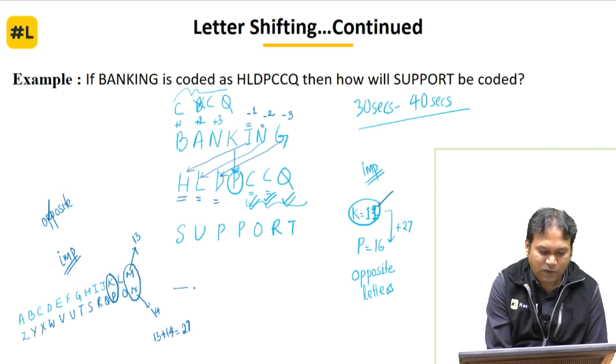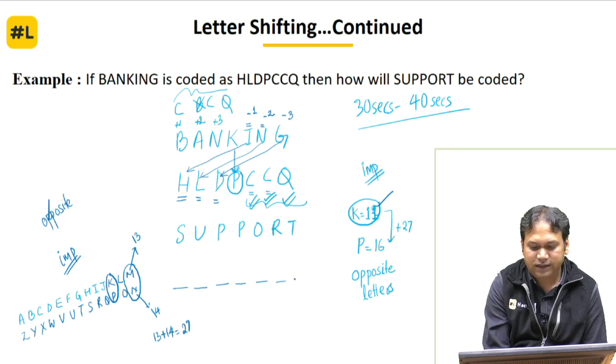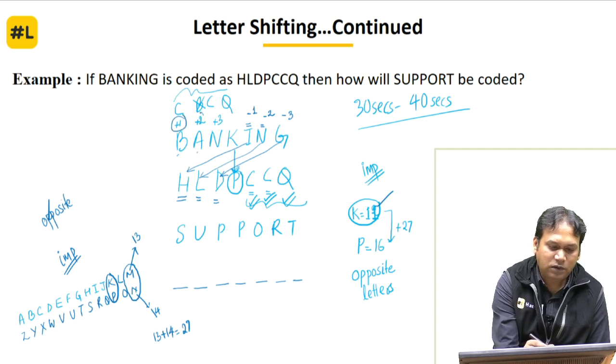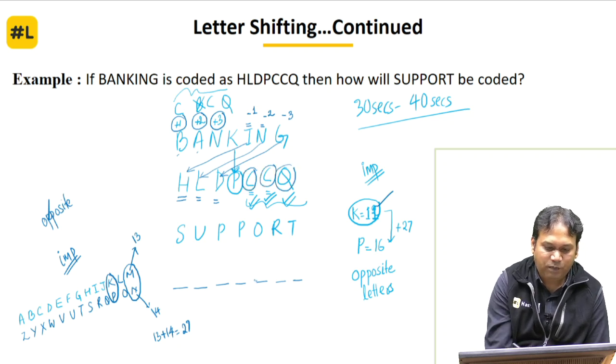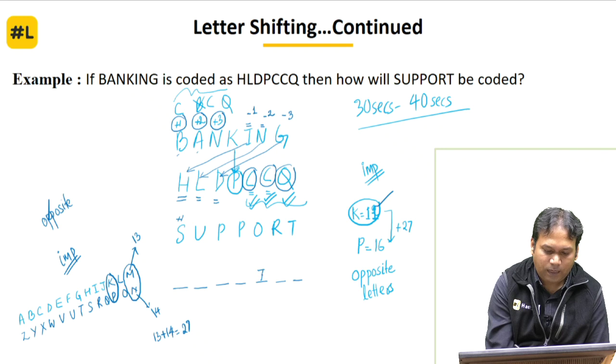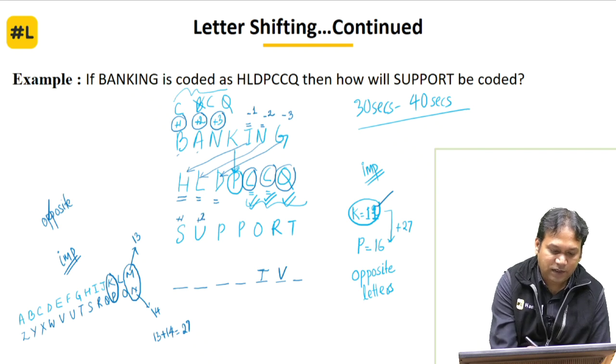So, now let us write down here. First, let us make the positions 1, 2, 3, 4, 5, 6 and 7. First 3 letters B, A, N, plus 1, plus 2, plus 3, go in the same order here C, C, Q. So, B here S plus 1 is T, U plus 1 is V, U plus 2, sorry, it is plus 2.